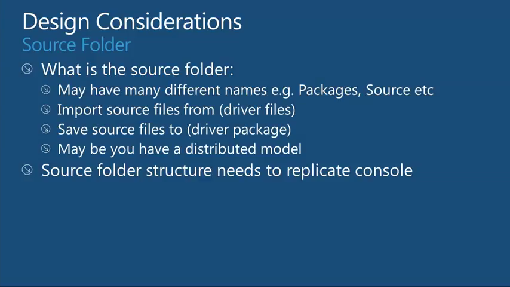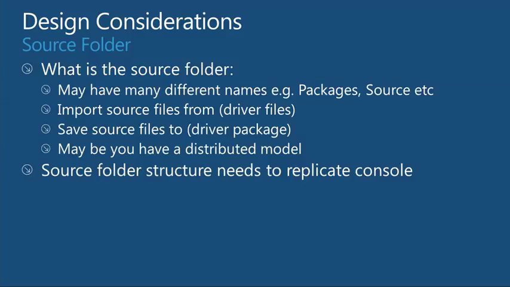And a key thing that we've found really helps is just to replicate the folder structure of the console. And I'll show you that in a sec. I'll just jump into a demo machine. But if you can replicate the actual console, that means when you jump into the directory structure, you know exactly where the files are in relation to the console.